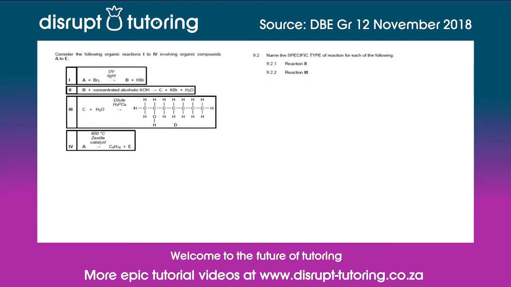Okay, so moving on. The second question asks us to name the specific type of reaction for reactions 2 and 3. So once again, you can go back and confirm, but we determined that reaction 2 is an elimination reaction in which a halogen and a hydrogen are removed from product B, and this process is called dehalohydrogenation.